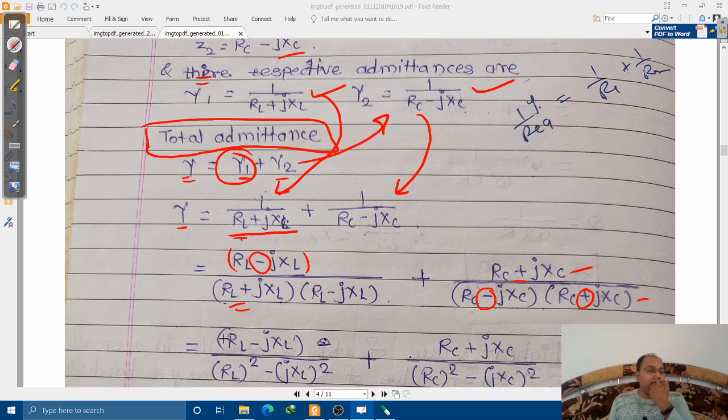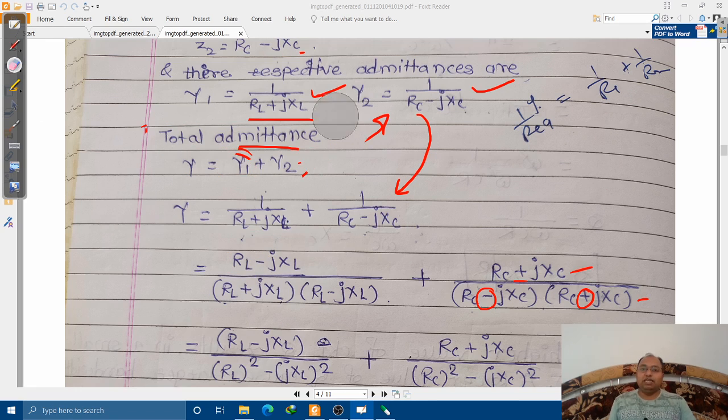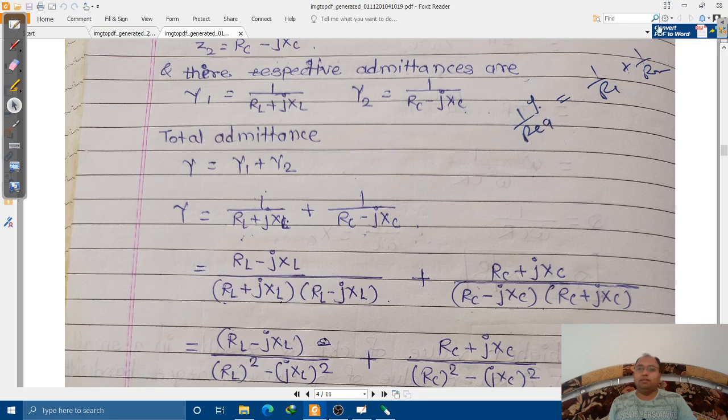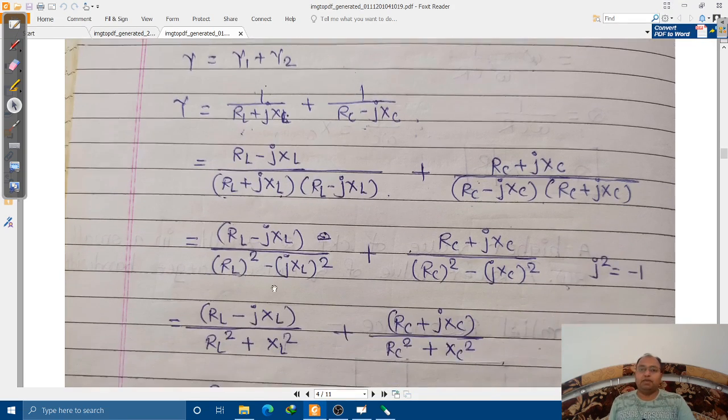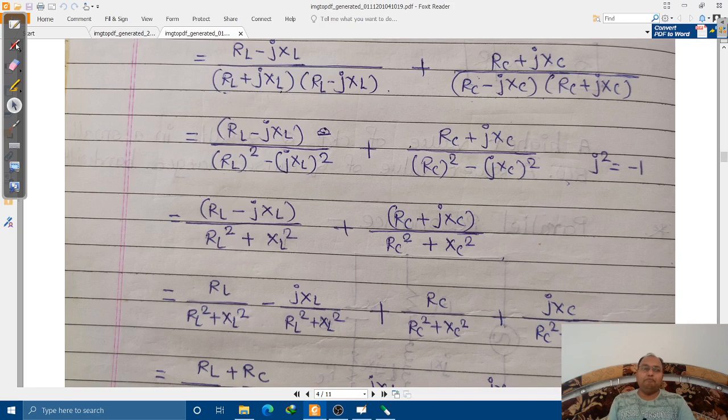Now let us compute the further things. Let us expand the bracket and find some relation. Let us expand the denominator brackets. This is simply of the form (a plus b) into (a minus b), so can I say that a square minus b square will be the term?